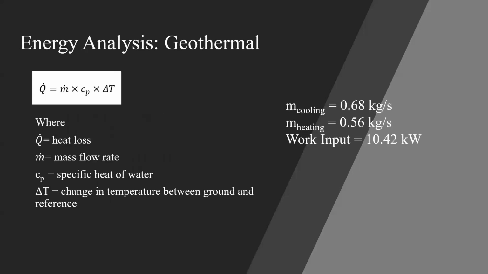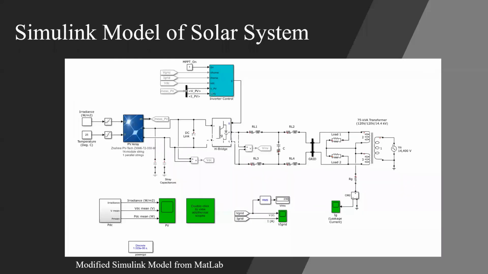So using the first law of thermodynamics, we calculated the mass flow rate for the cooling to be 0.68 kilograms per second, and the mass flow rate of water for heating to be 0.56 kilograms per second. And then using the COP of the system, we calculated that the work input of the pump should be 10.42 kilowatts.